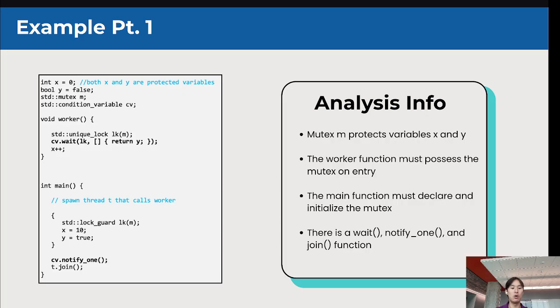So now we know that X and Y and CV are all related to mutex M. And we also note that the main function must be the function that spawns mutex M, because it is the highest function that uses mutex M. And then we also note that there are conditional variable waits, conditional variable notifies, and also a thread join.